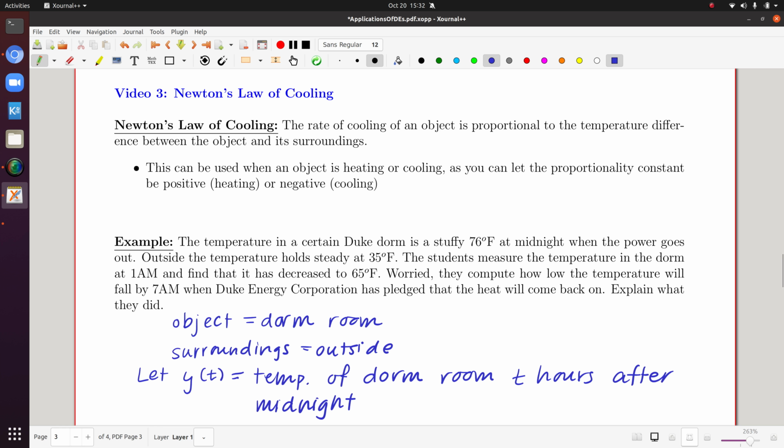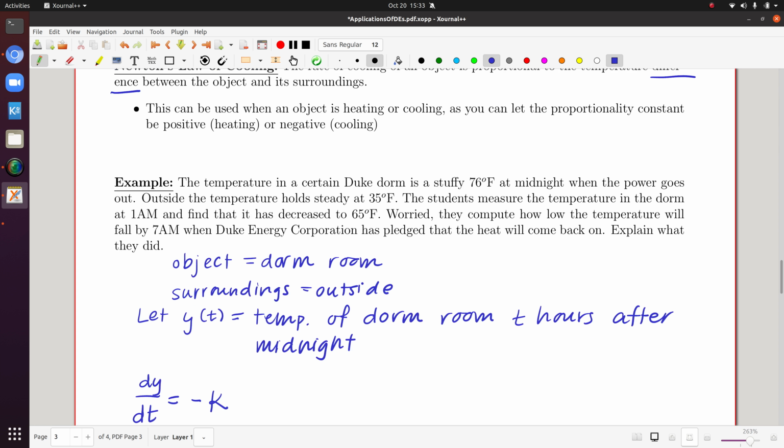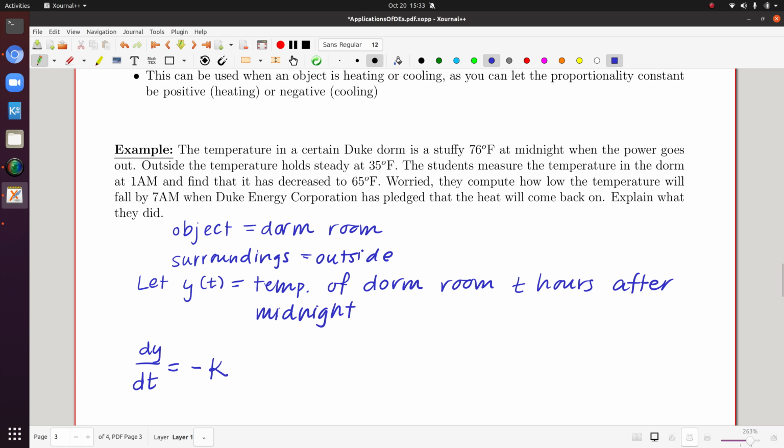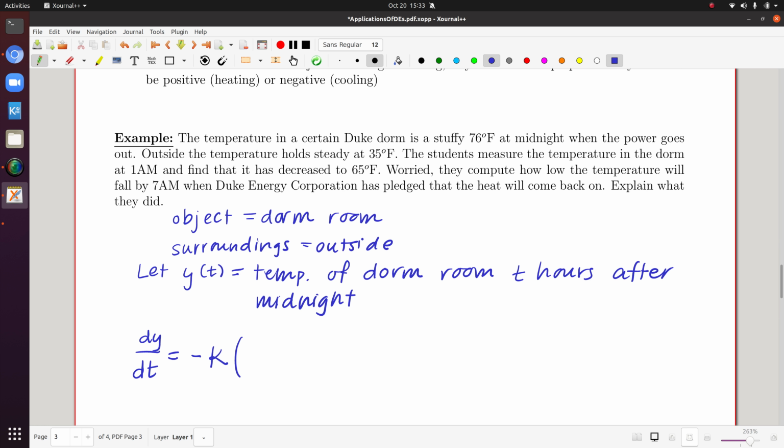Here, it's not just proportional to the temperature of the dorm room, it's proportional to the difference between the temperature of the object and the temperature of its surroundings. The temperature of the object is y, and that's varying. The temperature of the surroundings in this instance is 35. That's the temperature of the outside.